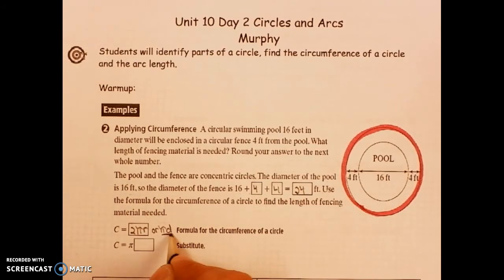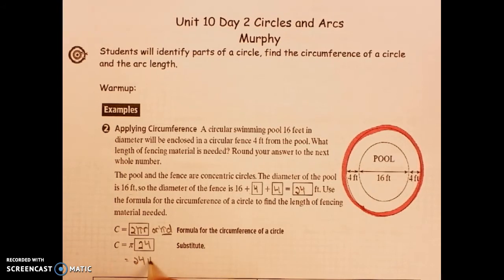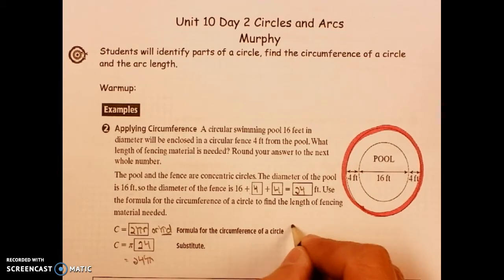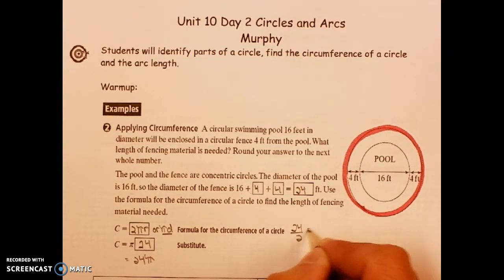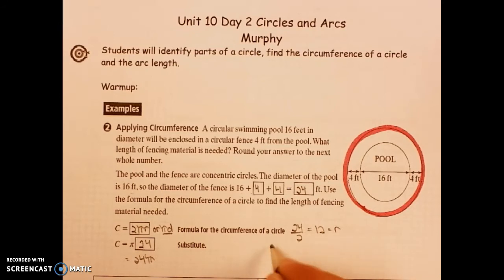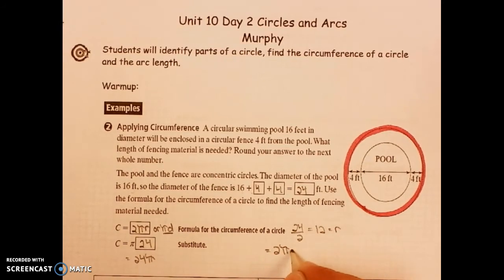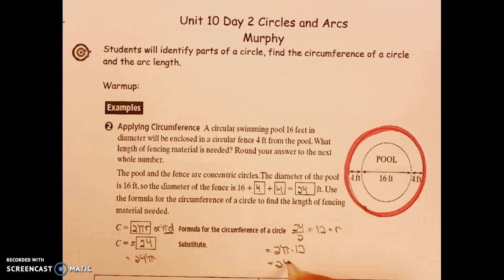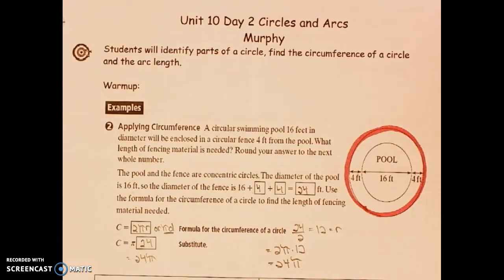So looks like I'm going to use this formula here, pi times d, and we end up with 24 pi. Now, if for some reason you wanted to use the radius, we could do that. 24 divided by 2 gives me a radius of 12, but again, if you look at your formula, 2 pi times 12, we're going to end up with the same answer of 24 pi.